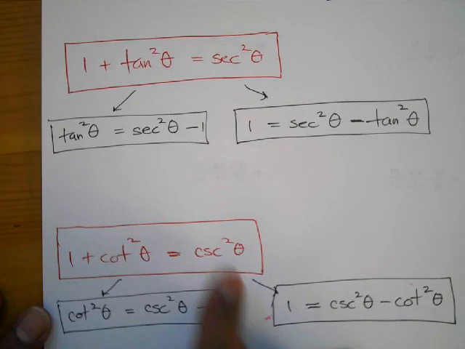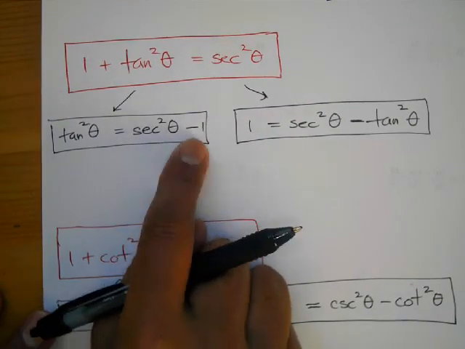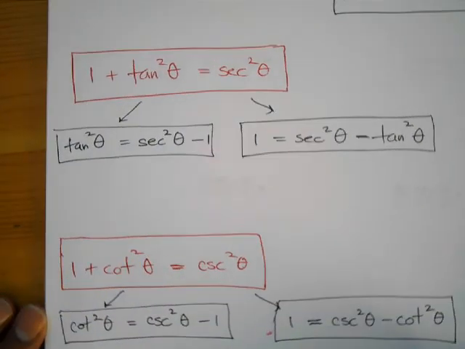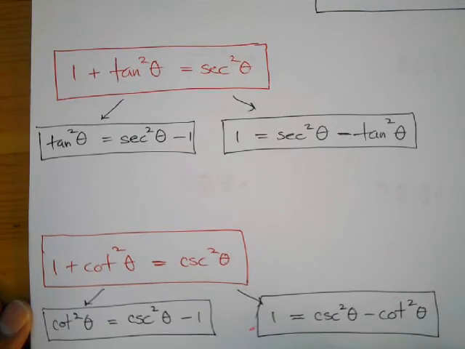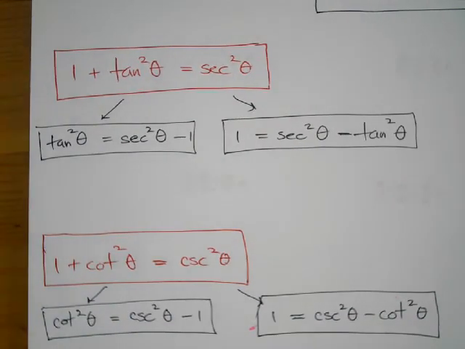Or if it's 1 minus something squared, again, when you see something squared with a 1, it's going to be connected to these identities. Okay, we're going to use these, and I'll show you in the next video the examples and how you're going to apply these. Okay, there you go.